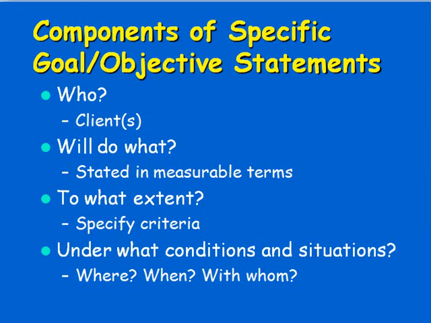And then under what conditions and situations: where, we're going to ask the client to fill it out in the clinician's office; when, every Monday afternoon at 4 p.m.; and with whom, with the practitioner being present.